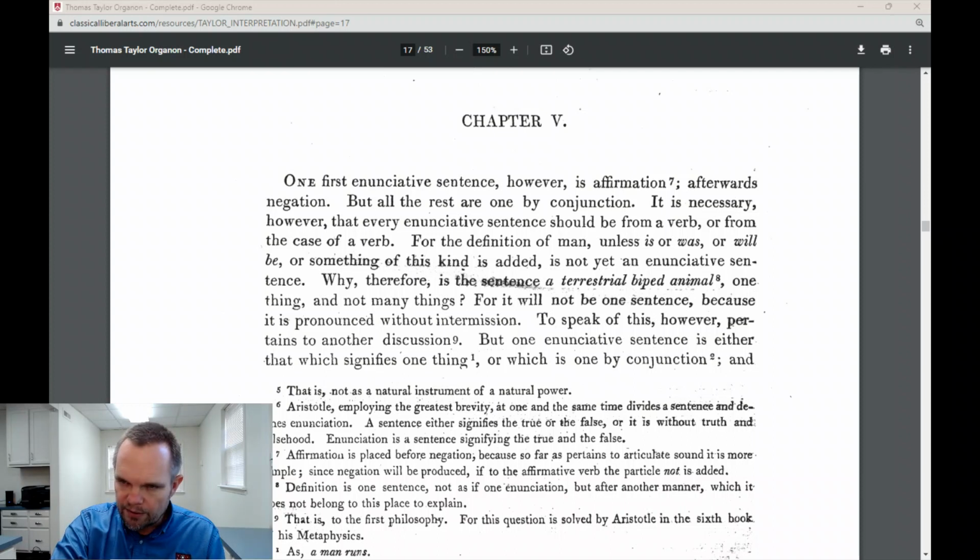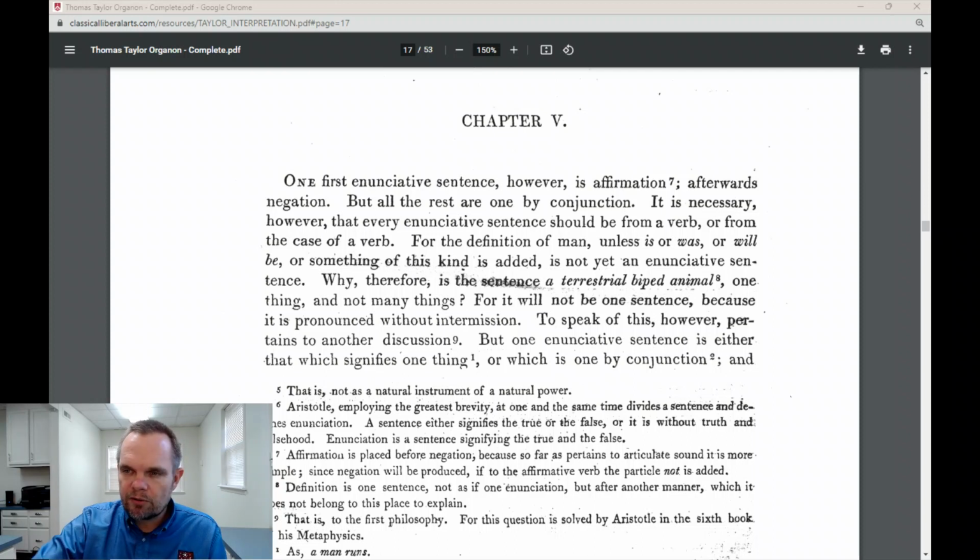It's obvious that by sentence he does not mean a complete sentence, because a terrestrial biped animal is a sentence, according to the use of this word sentence. So this word sentence, at least in this sentence, and you see how this can be confusing, at least in this line, I'll say to make it clearer, simply means an expression or a phrase.